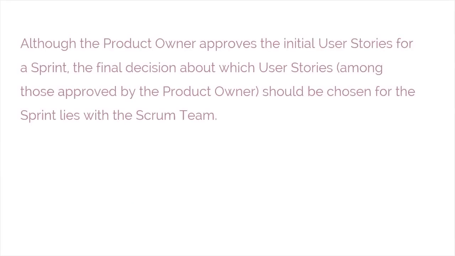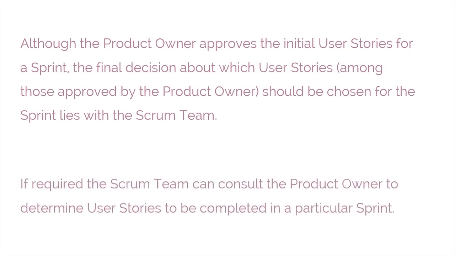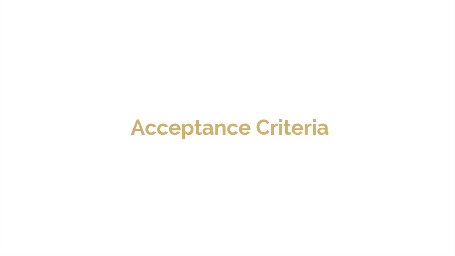Although the product owner approves the initial user stories for a sprint, the final decision about which user stories, among those approved by the product owner, should be chosen for the sprint lies with the Scrum team. However, if required, the Scrum team can consult the product owner to determine user stories to be completed in a particular sprint.